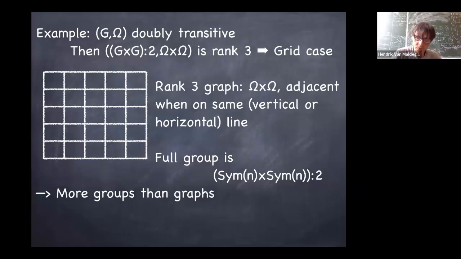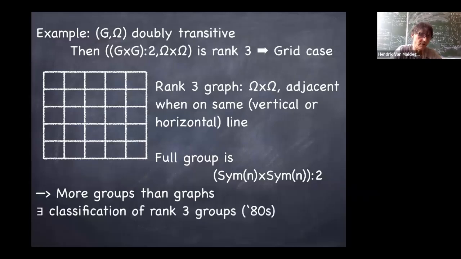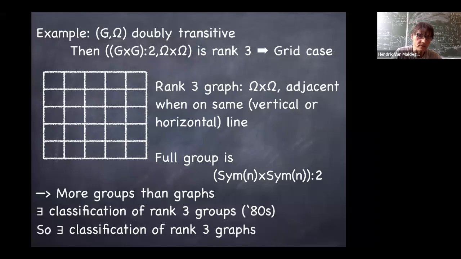So you have more groups than graphs, and of course there exists a classification of the rank 3 groups. In the 80s, people like Liebeck, Cameron, Liebler, Saxl, Kantor made a complete classification of all rank 3 groups after the classification of the finite simple groups was established. And from that, you can derive a classification of the rank 3 graphs.